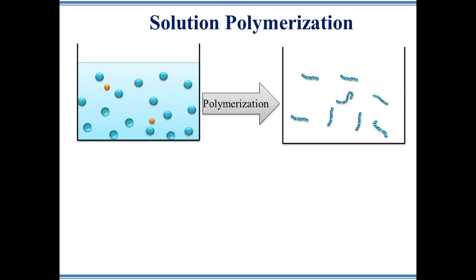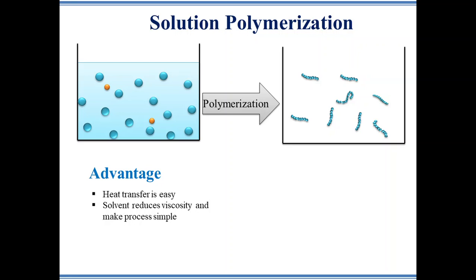Hence, solution polymerization is mainly used for applications where the presence of a solvent is desired, for example, varnish and adhesive. It is not useful for production of dry polymers because of difficulty of complete solvent removal. So the advantage of this method is heat transfer is easy due to the presence of solvent.